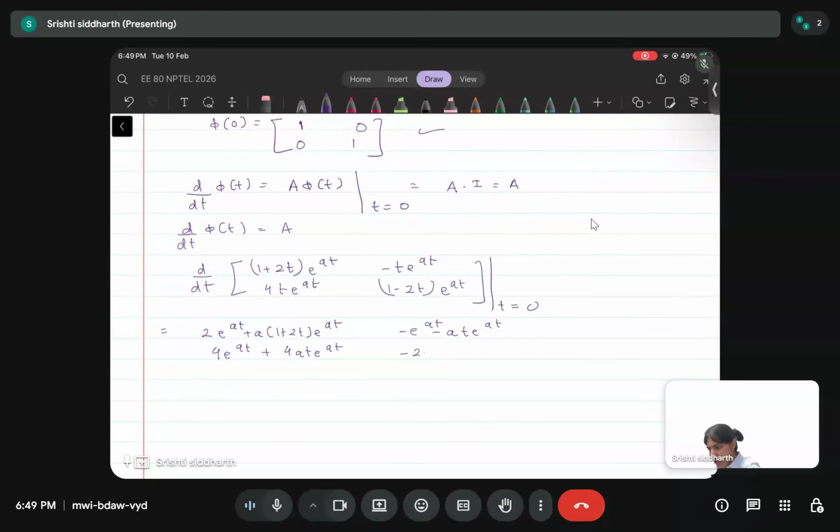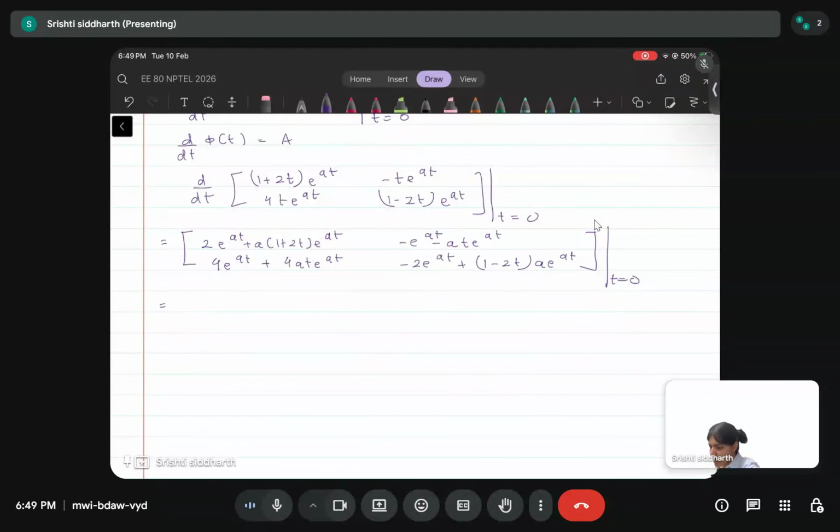Then this is minus 2 e to the power at plus 1 minus 2t times a e to the power at. This is 2 plus a, and then we have minus 1, and this is 4, and then we have minus 2 plus a. So this is the matrix A.